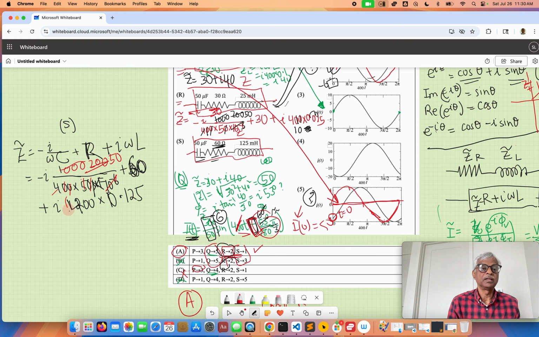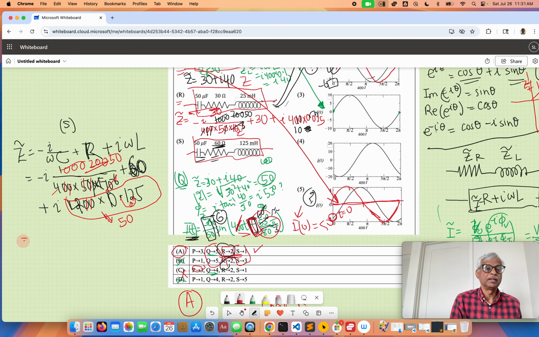Now 12.5 times 4, you can see this is actually equal to 50.